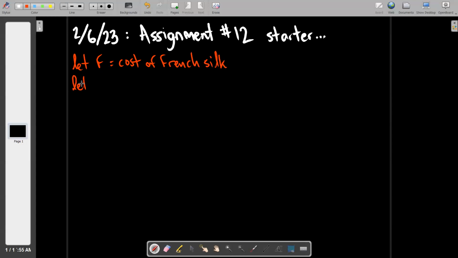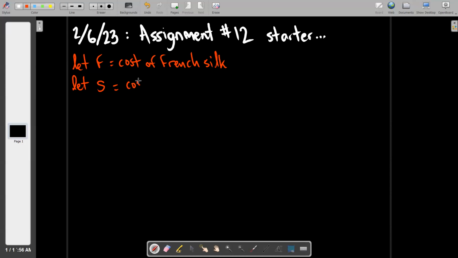And then what would be the other logical variable to use? You could do S if your S's tend to look like 5s. You could do a W since strawberry has a W in it. I'm going to do S because I can make my S's look not like 5s, but again, if you struggle with that, feel free to pick any variables that you like.